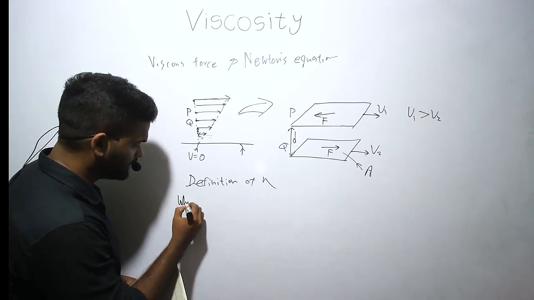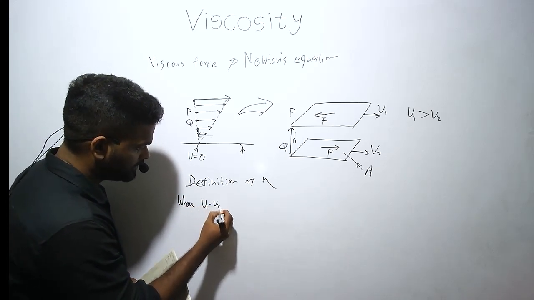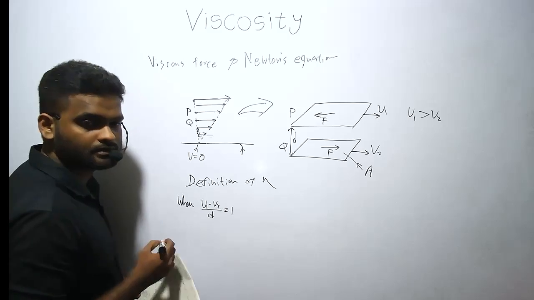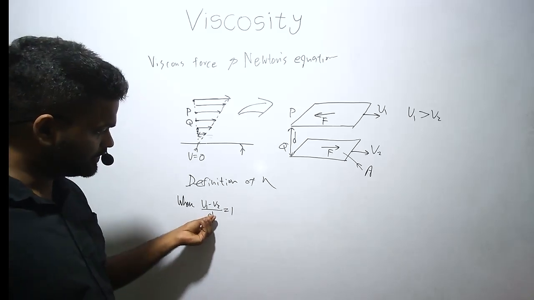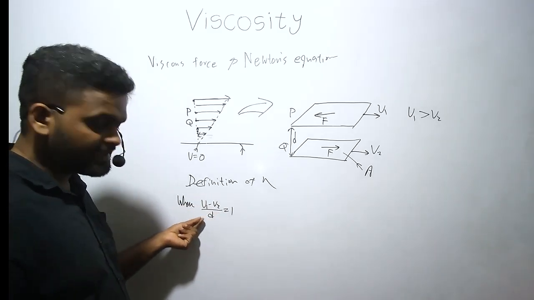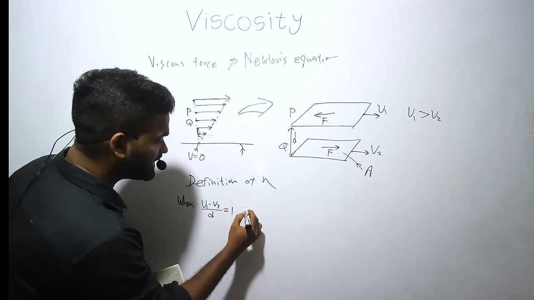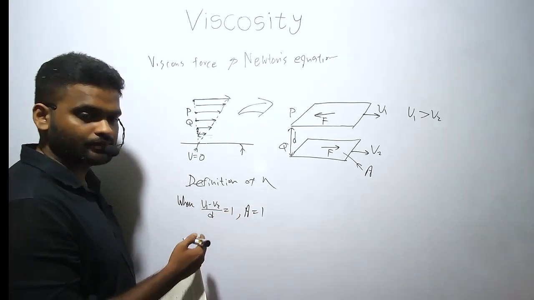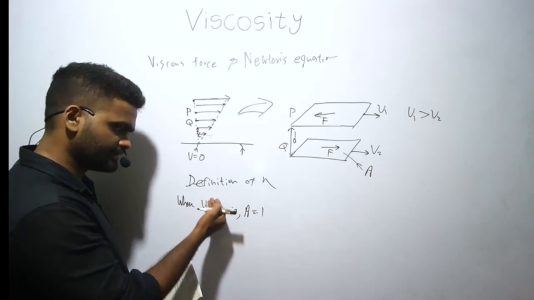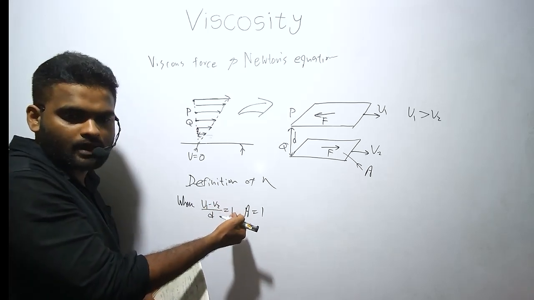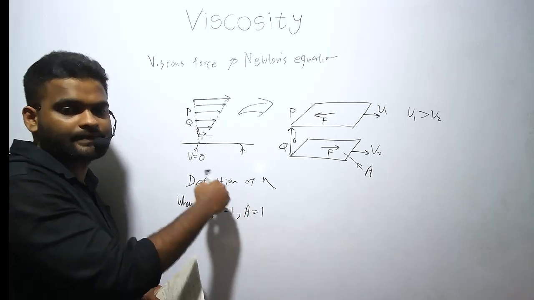So this is how you write it. When velocity gradient is 1, let's say, and the common area also is 1. Taking something to be equal to 1 means we are considering 1 unit of that.